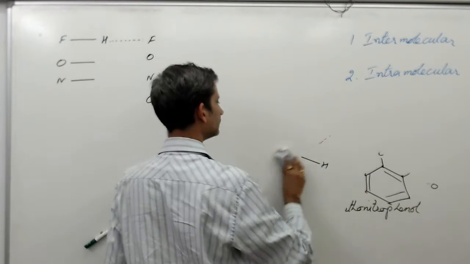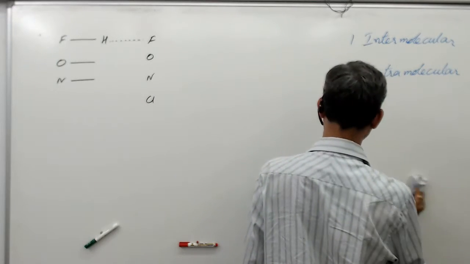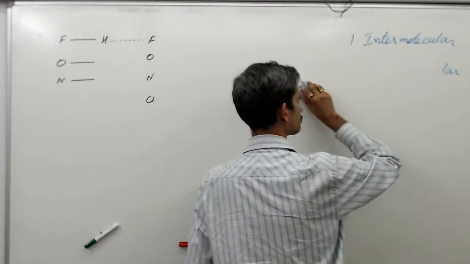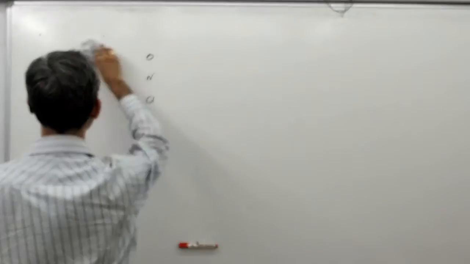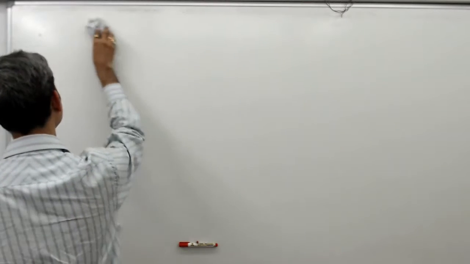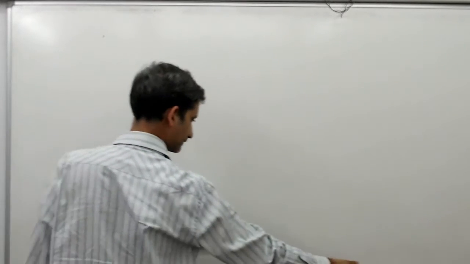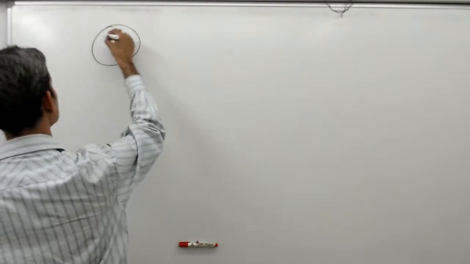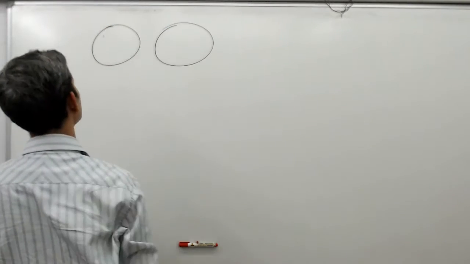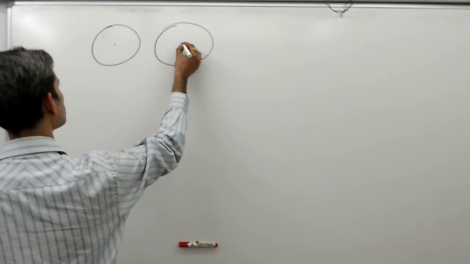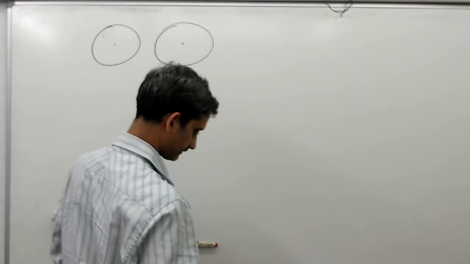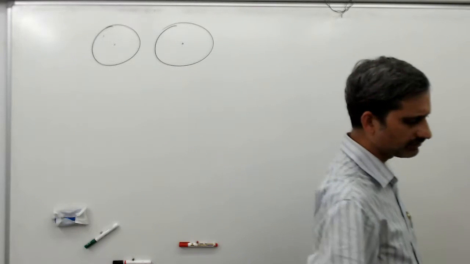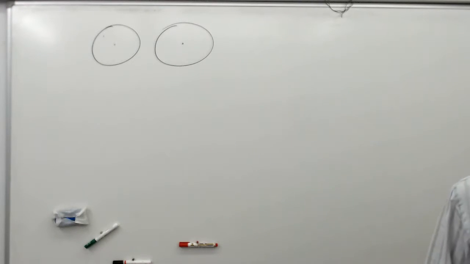Now, Rohan, I would like to ask a very, very simple question from you. Let us say we have two helium atoms. These are the two helium atoms with the nucleus and electron cloud around it. Is there any reason that the two helium atoms are going to attract each other?